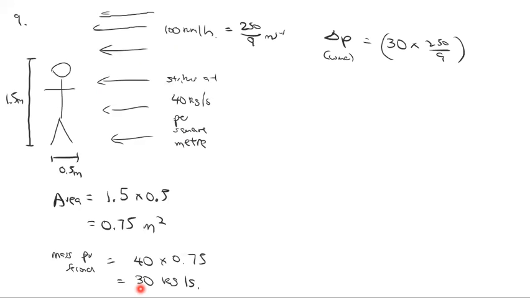So that's how much momentum it started with, because you've got 30 kilograms moving at this speed. But it then goes to rest. You're told to assume it goes to rest. Which means the change in momentum can be calculated, and it will be this. That's your change in momentum.